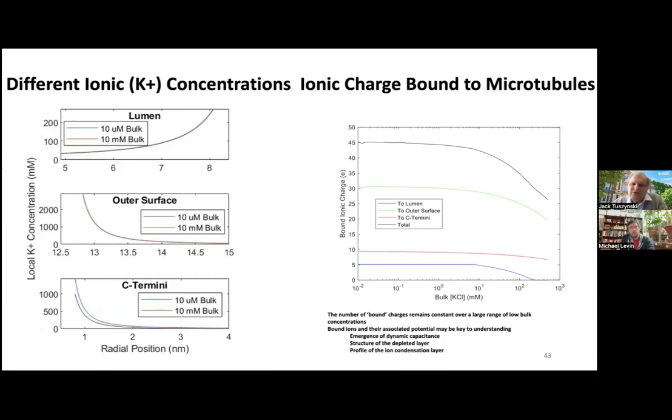from that you can calculate the fraction of the bound ions to the surface and how their concentration changes as you go into solution. And everything depends on the bulk concentration of the salt in which the microtubules are bathed. So you see here the lumen, which is inside, how it depends on the distance to the surface, outer surface of microtubules, and C-termini.